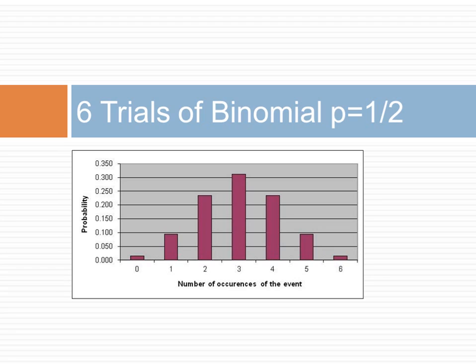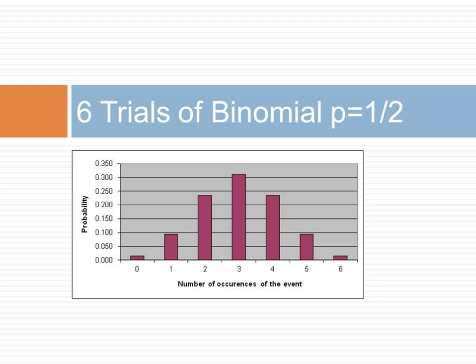Now we can look at some examples so you can have an intuitive understanding of the binomial distribution. Here you see a binomial distribution with 6 trials. There are 7 possibilities. Either the event never occurs, or it occurs once, twice, 3 times, 4 times, 5 times, or 6 times.